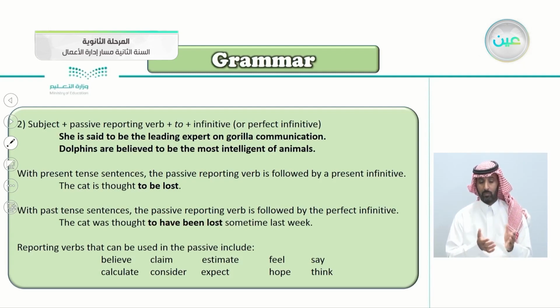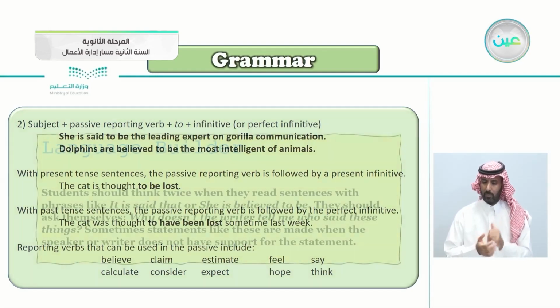Some reporting verbs here: you can say believe, claim, estimate, feel, say, think, hope, expect, consider, and calculate. So you say it is believed, it is claimed, it is estimated, it is felt, and so on.